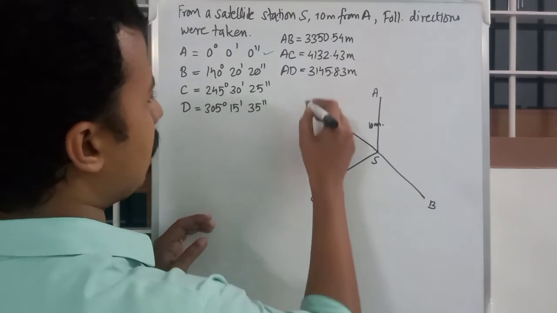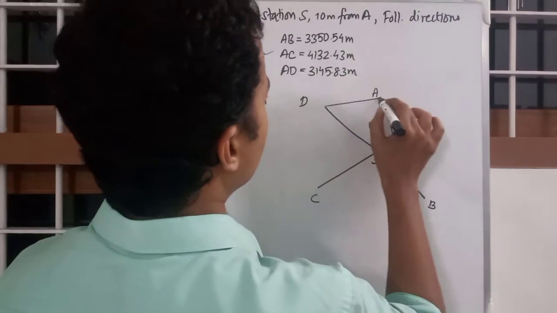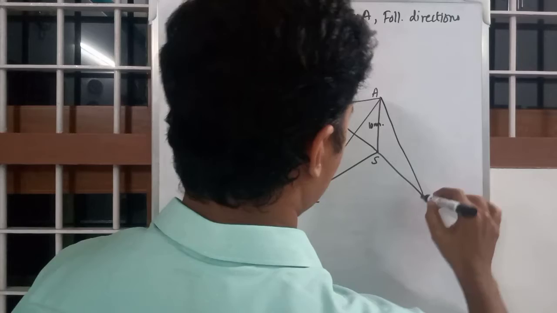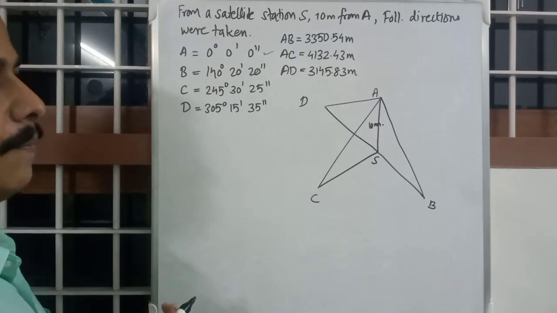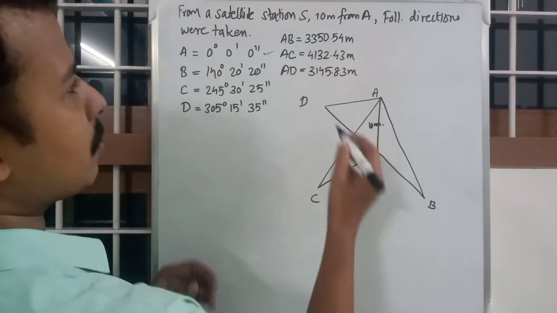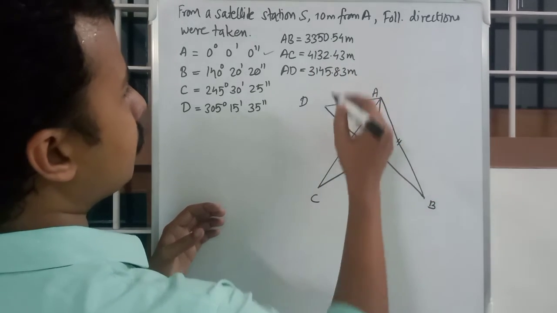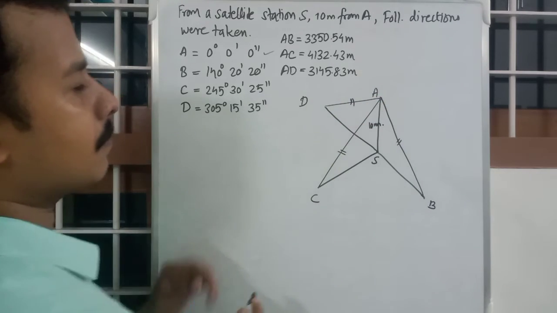This is C and D. These measurements are given: AB is given, AC is given, and AD is given.